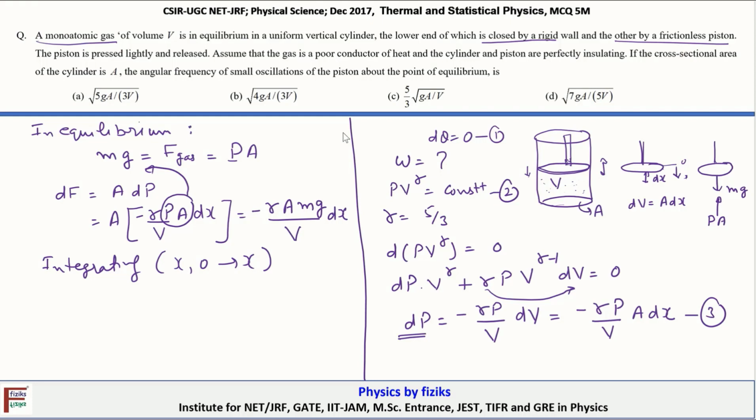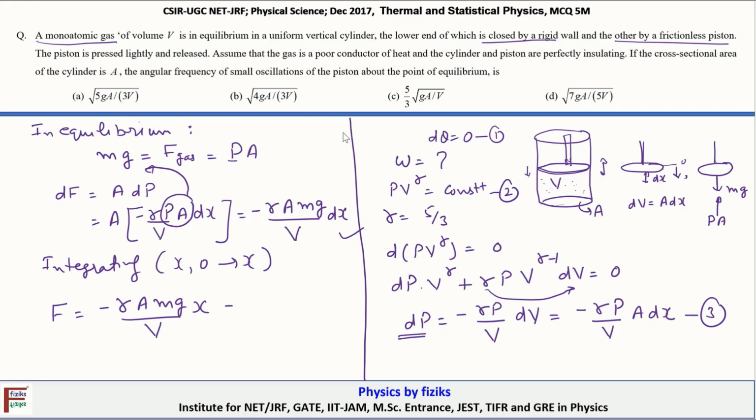This way we can integrate this equation, and after integration we obtain F equal to minus gamma A mg by V, and x. After integration, x from 0 to x will give us simply x.